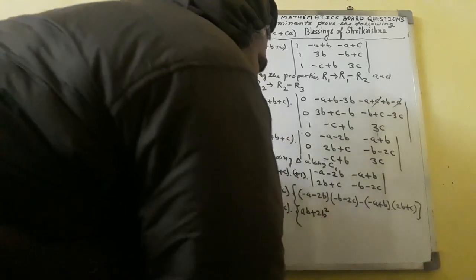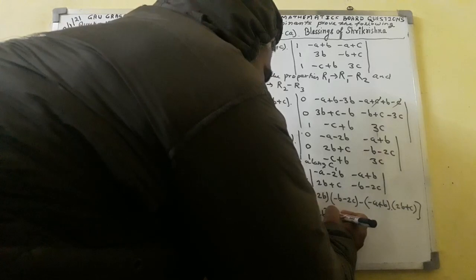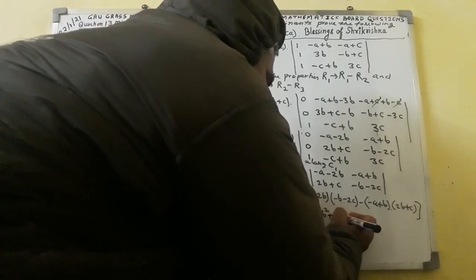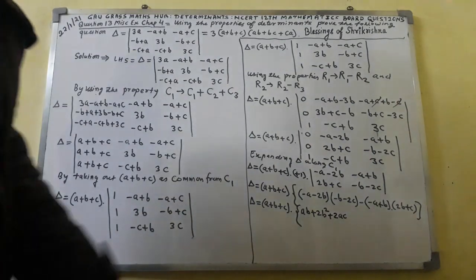Here minus A will multiply to minus 2C, you will get here 2AC. And here minus 2B will multiply to minus 2C, you will get here 4BC.